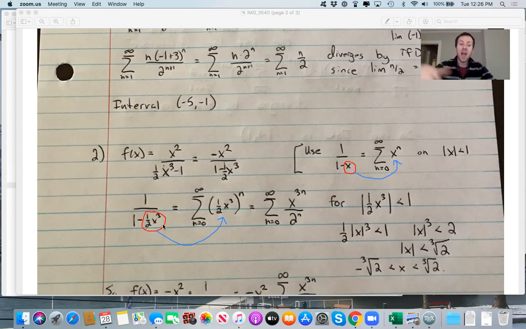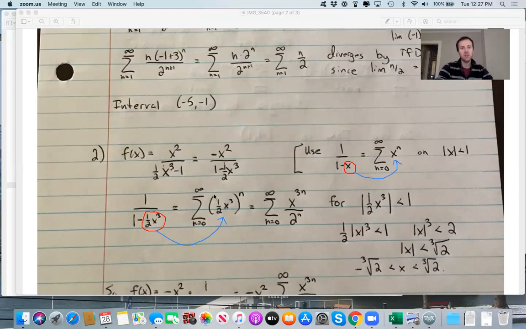As long as the thing in here is less than 1. Because we could make this move going from 1 over 1 minus x to the series x to the n, as long as the thing, the x, has absolute value less than 1. So that requirement is still here when we have a more complicated something.